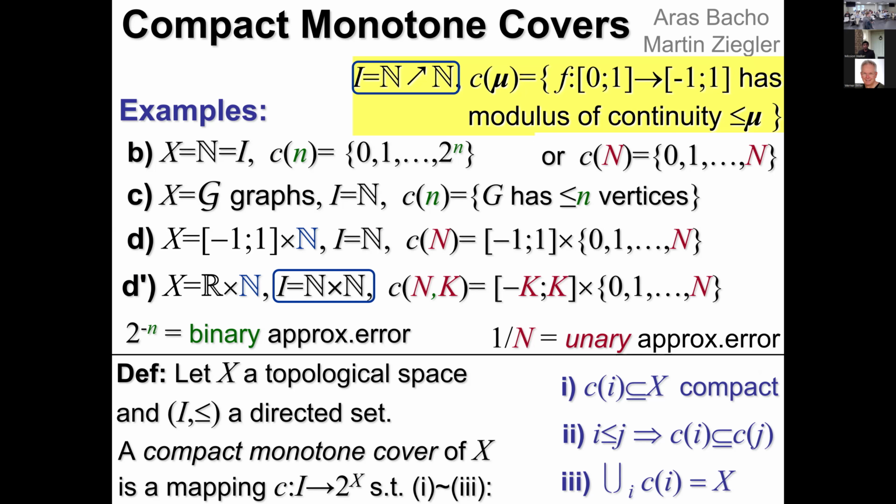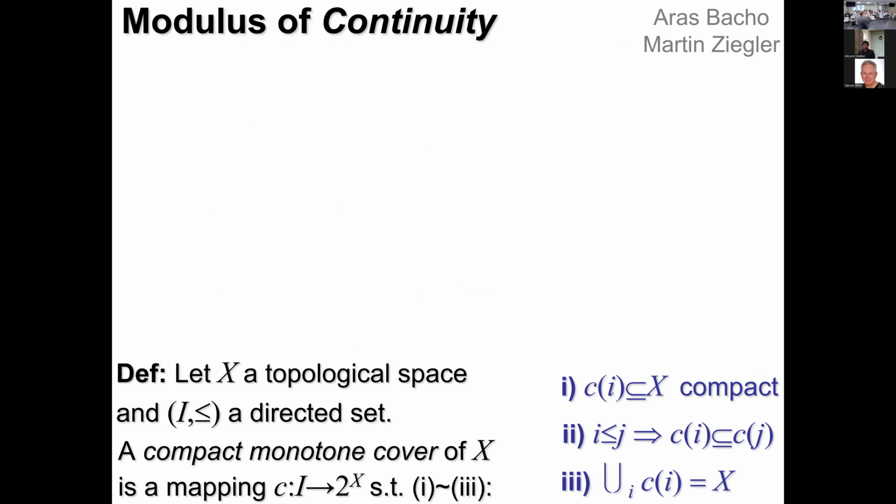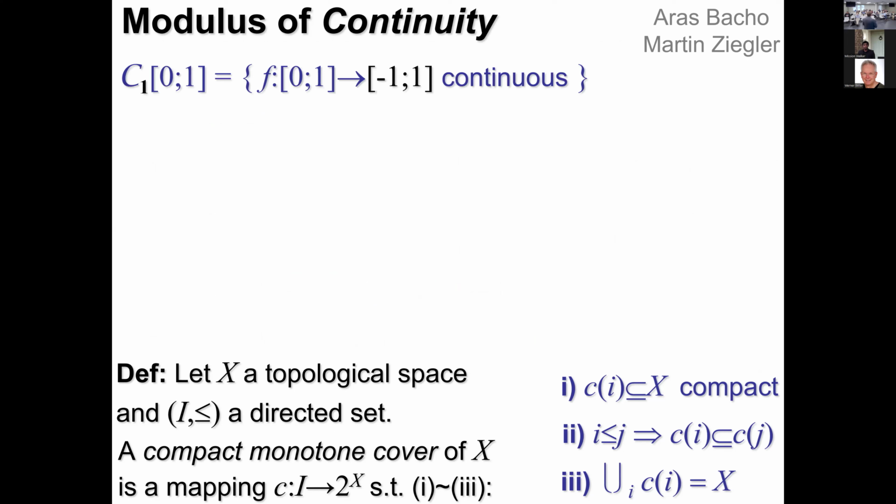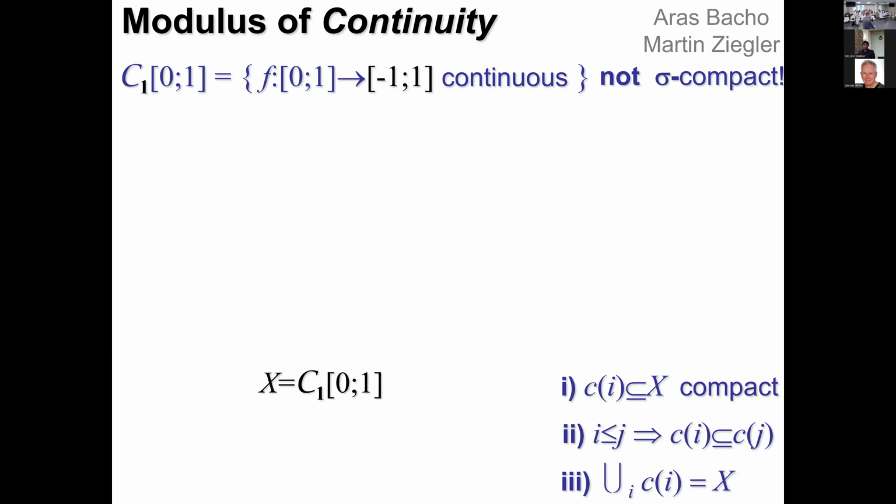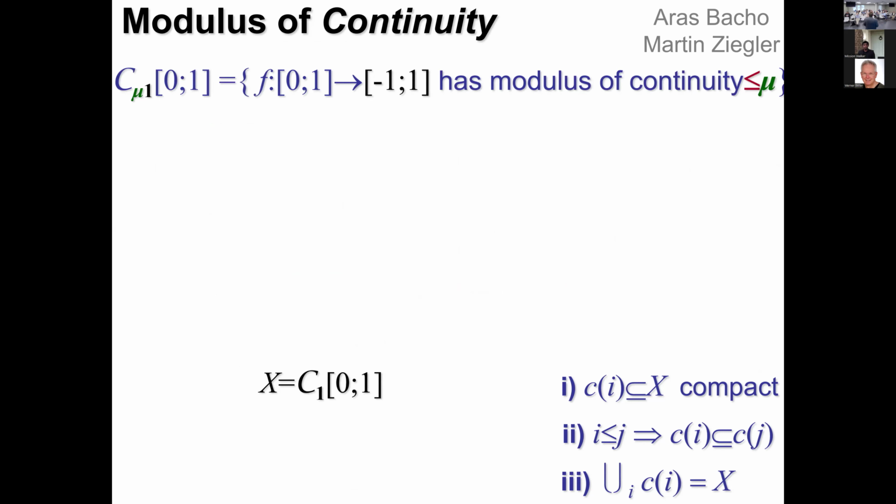So let's recall continuous functions and modulus of continuity. The space of continuous functions, even if we restrict to compact domain and compact codomain, is not sigma compact, so it's not a union of countably many compact sets. But according to Arzela-Ascoli, we know what the compact subsets look like. These are characterized by a modulus of uniform continuity.